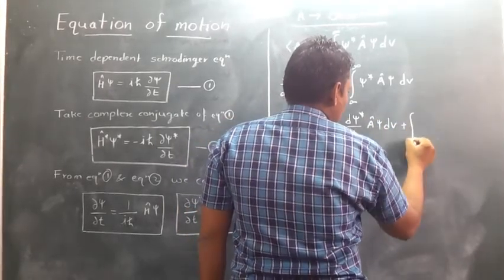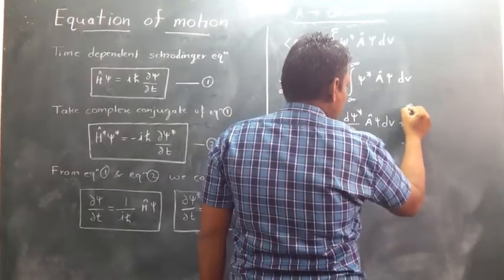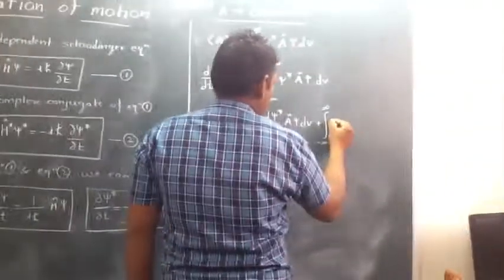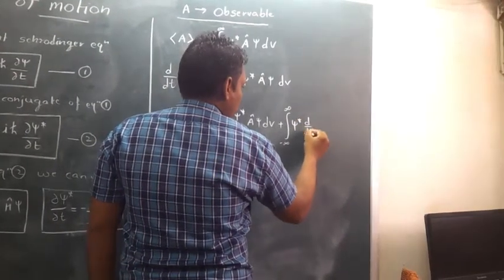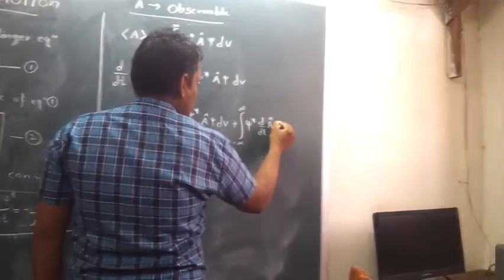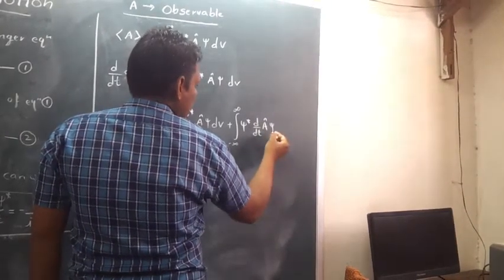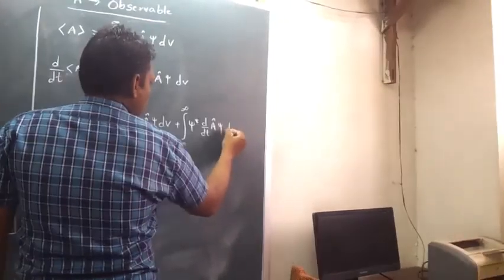The second is the integral of psi star d A upon dt psi d tau.